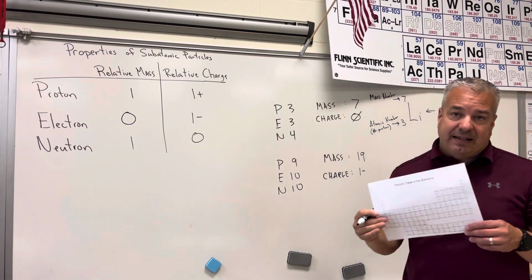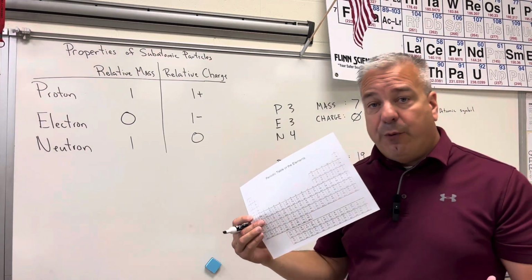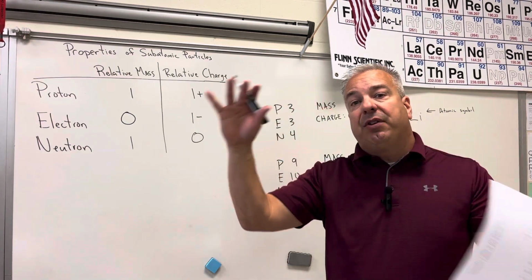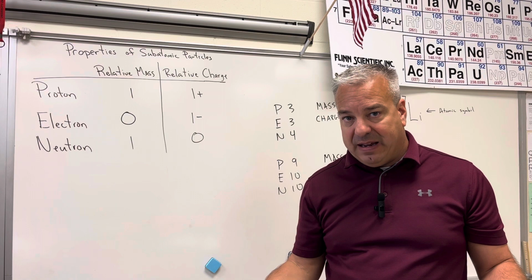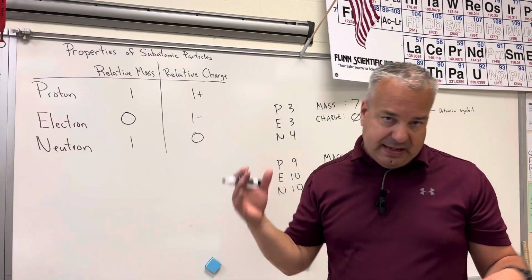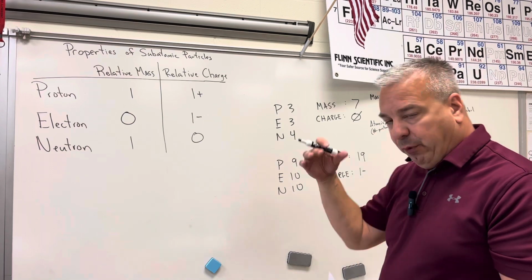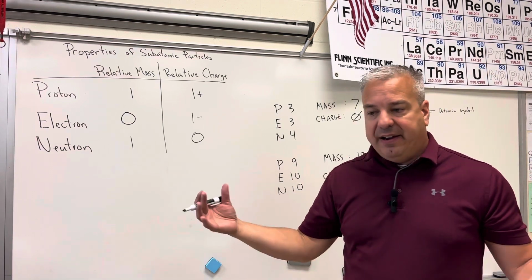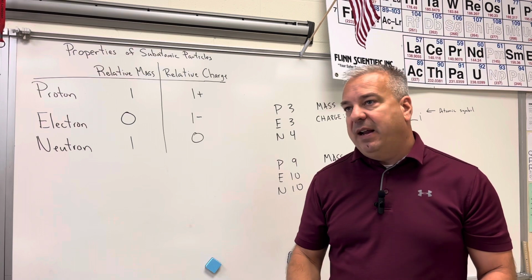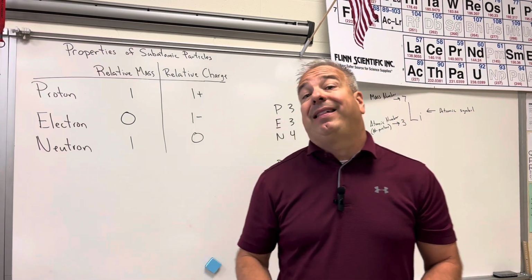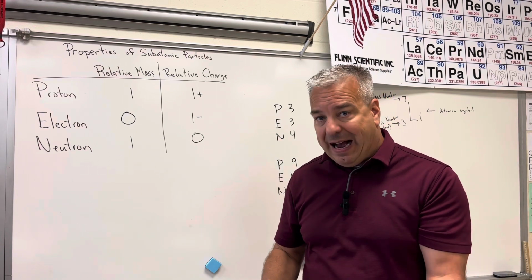Now, on the periodic table, it's going to say 6.914. What that is, is an average of all the different types of lithium that are out there, all the different isotopes. That's going to be a later lesson where we talk about the different isotopes. But for right now, you can think of it like this: I teach 3 classes. One class might have 20, and my other class might have 21. Well, my class average is 20.5, right?